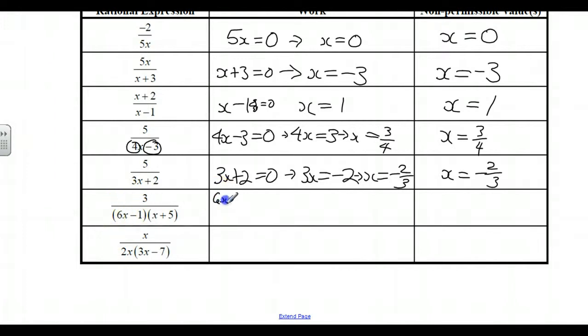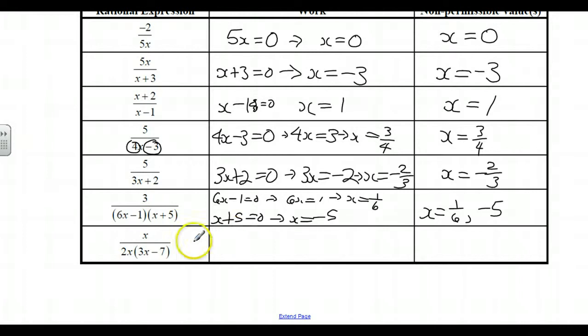If 6x minus 1 equals 0, meaning 6x equals 1, or x is 1/6, then we have a problem because this will be 0. And x plus 5 equals 0, meaning x is -5. So here we say 1/6 or -5.